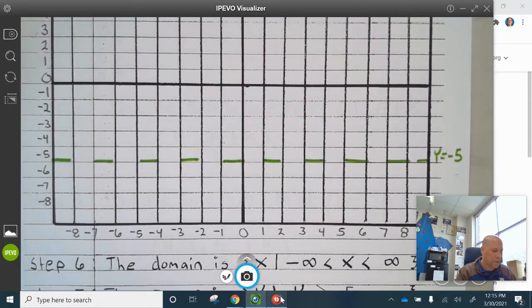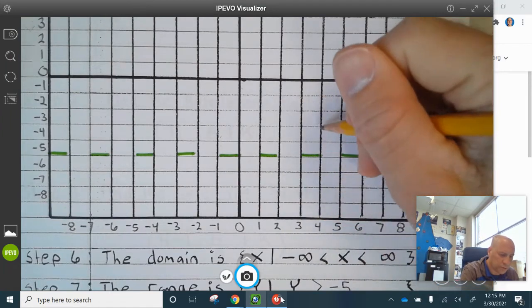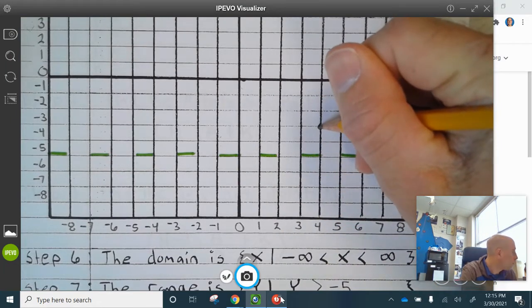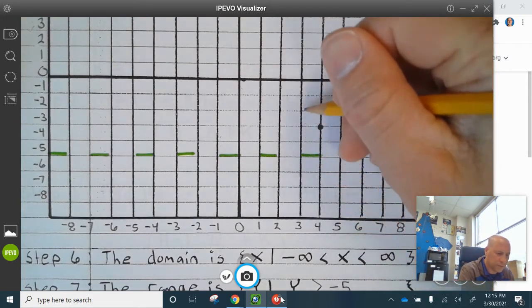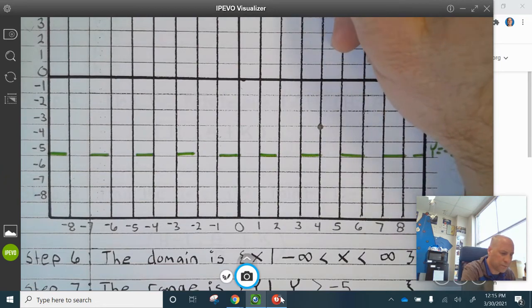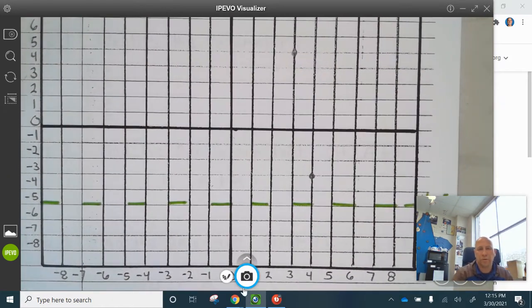Now let's go ahead and graph our reference points, which are 4, negative 3. So 4, negative 3 is right here. And then 3, 5. Okay, so we have that point there.